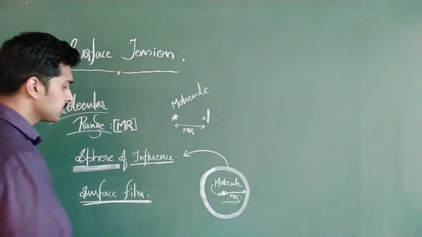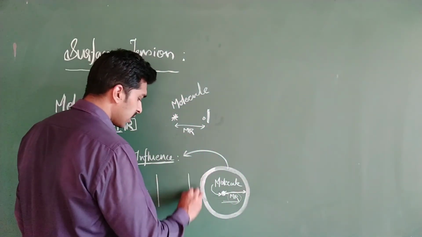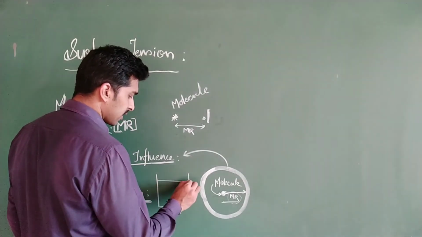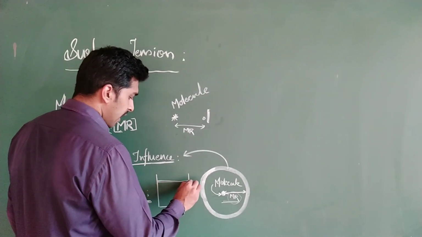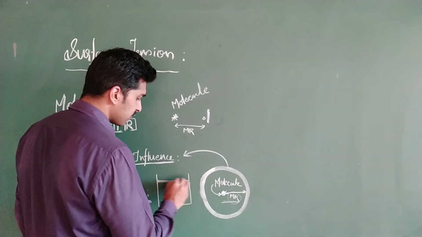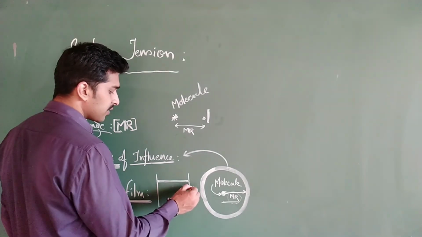So this is nothing but a container, which is completely filled with liquid. And this is nothing but the free surface of the liquid. Below here we have the complete liquid.